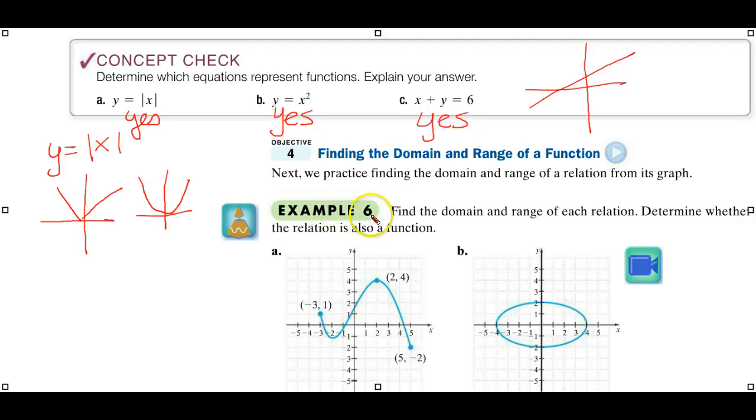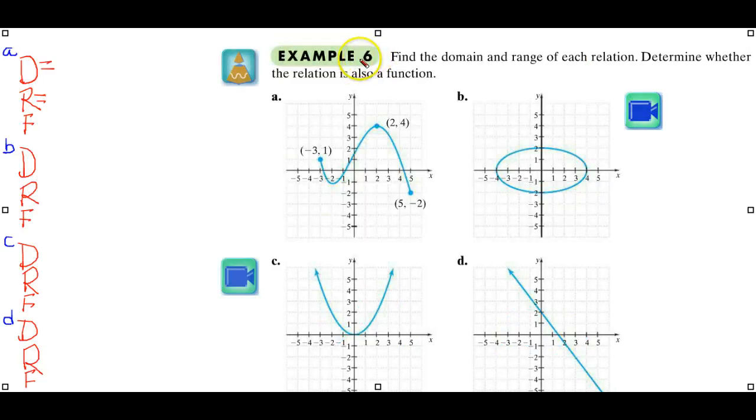Now, they're asking us to do something specific here in example 6. In example 6, they want us to find the domain and the range of each relation and determine whether the relation is a function. Well, let's do the function part first. Is this a function?